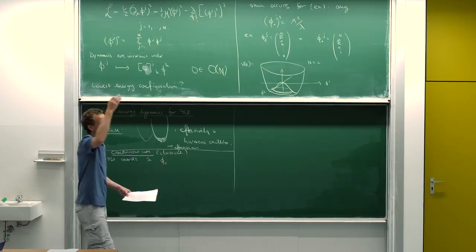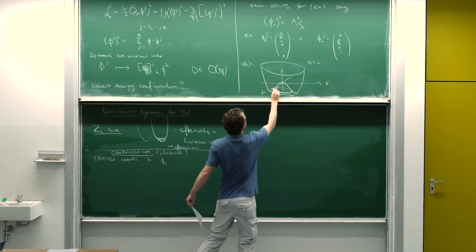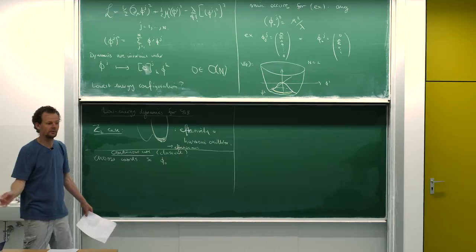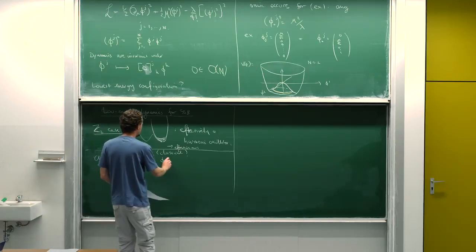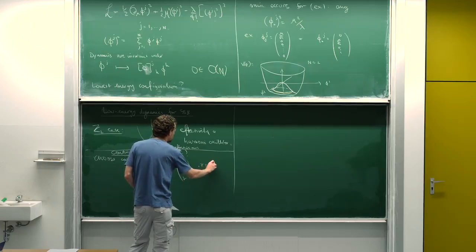So the system breaks the symmetry. It falls into a configuration on the bottom of this circle here somewhere. Let's just choose a coordinate system by rotating so that phi naught of j equals 0, 0, 0, all the way down to v. And v is just mu on root lambda.